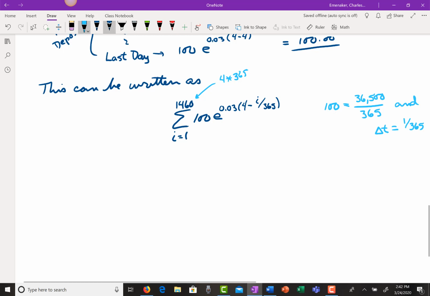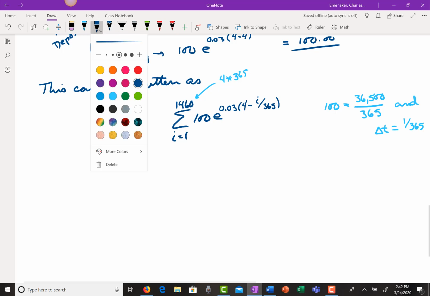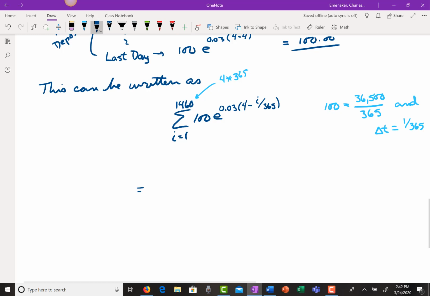Okay. With that in mind, we can rewrite this as the sum, where i goes from 1 to 1,460, still our 4 years. Now what I'm going to do here is I'm going to replace the 100 with this.